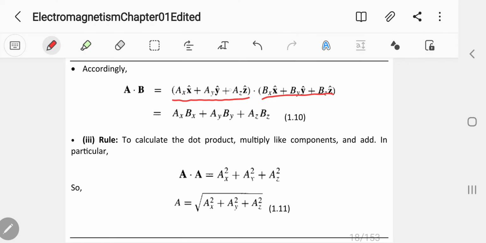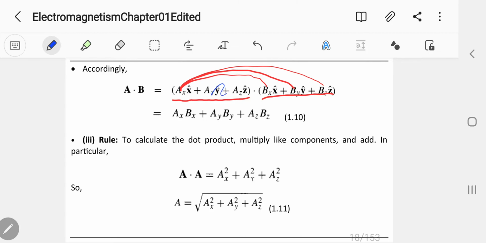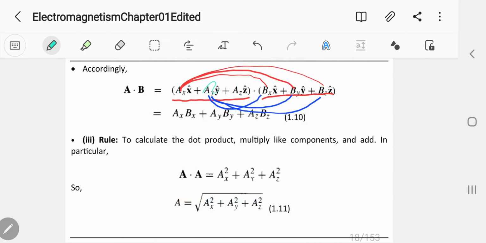If you expand this, you can distribute Ax to Bx, By, and Bz, and then you can distribute Ay to Bx, By, and Bz, and then you can also do Az to Bx, By, and Bz.